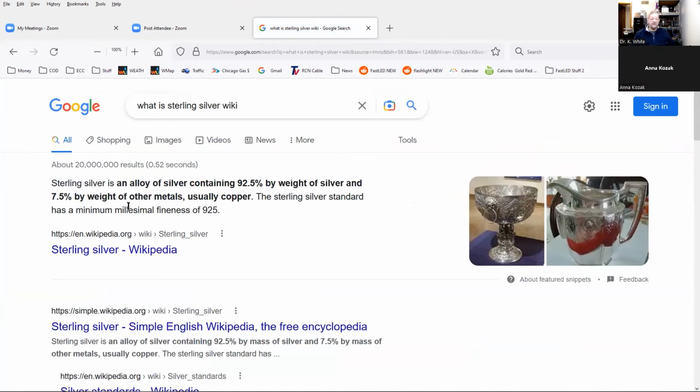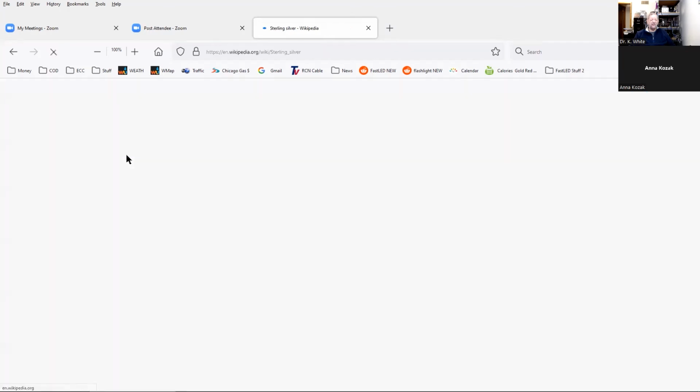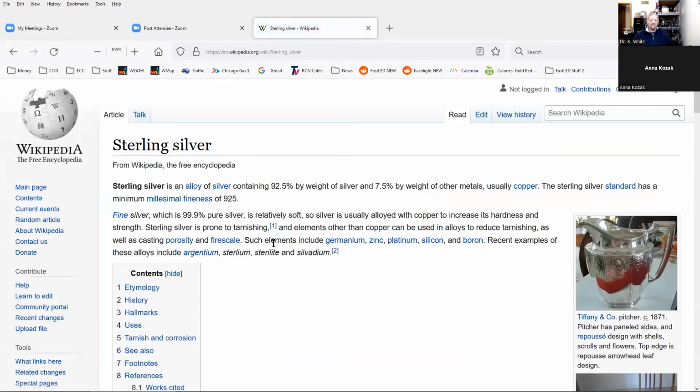And if you see on your screen right now, this is not an area I work in. But anyway, sterling silver contains 92.5% by weight silver and 7.5% other metals, usually copper. Why do they call it sterling?